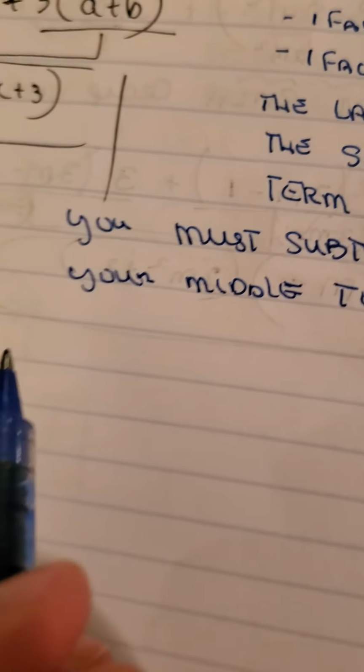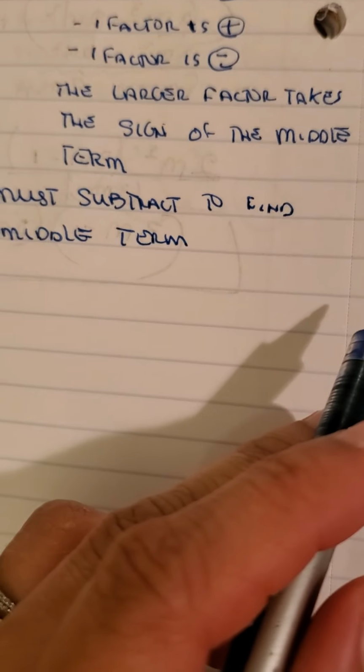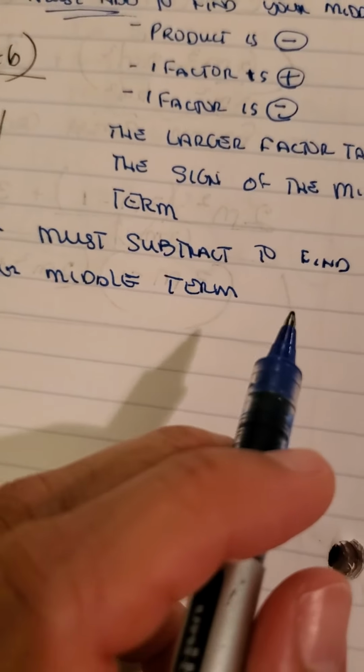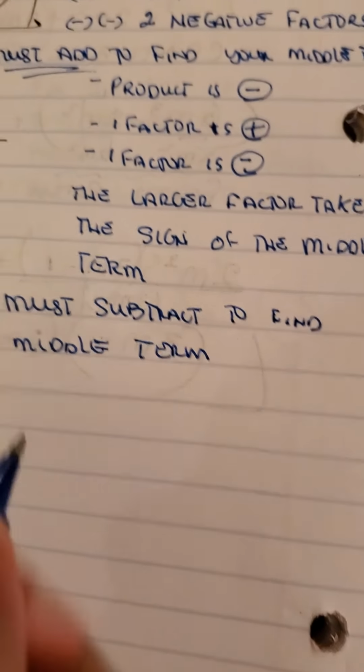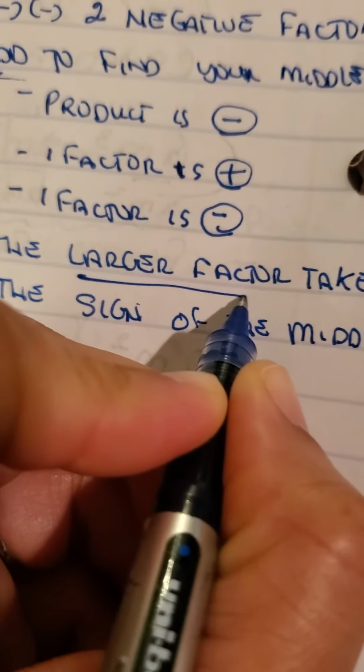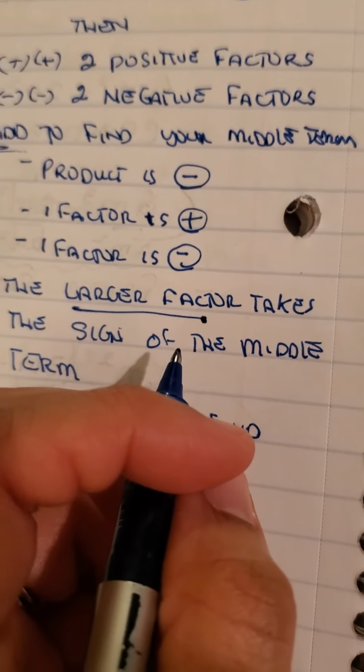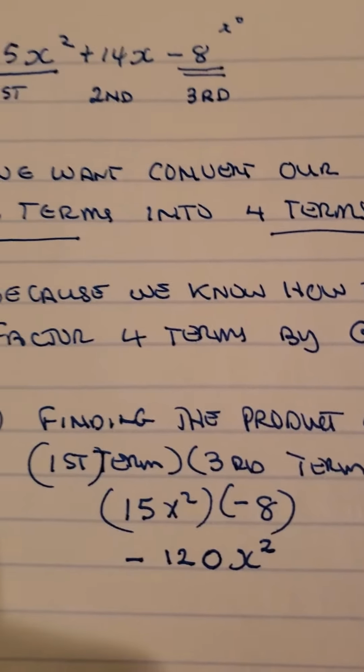And what we know about the rules of subtraction when it comes to signs is that you subtract and keep the sign of the greater magnitude. That's why your larger factor that you're going to pick between the two will have the sign of the middle term. Good. So let's get back to our problem.